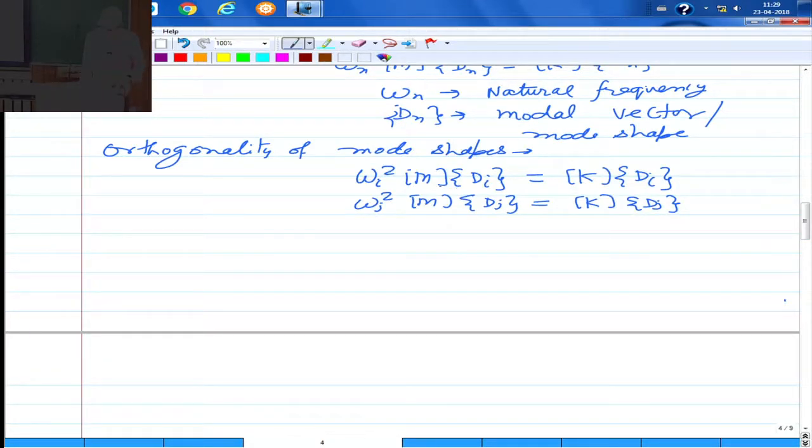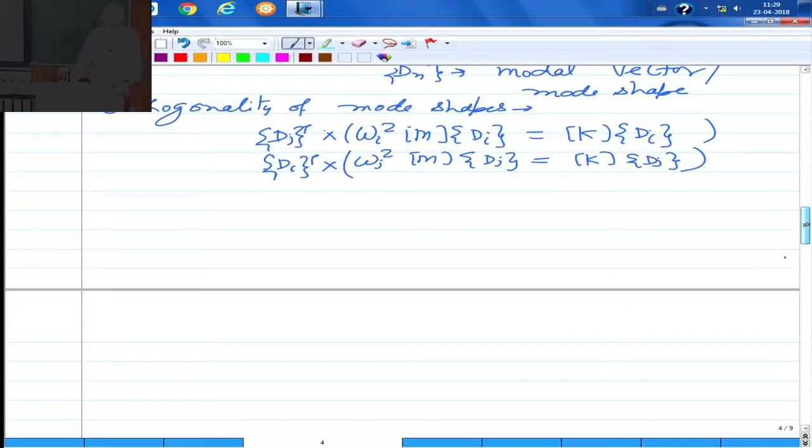we multiply the first equation by dj transpose, and the second one by di transpose, the whole equation. What do we get if we do this operation?